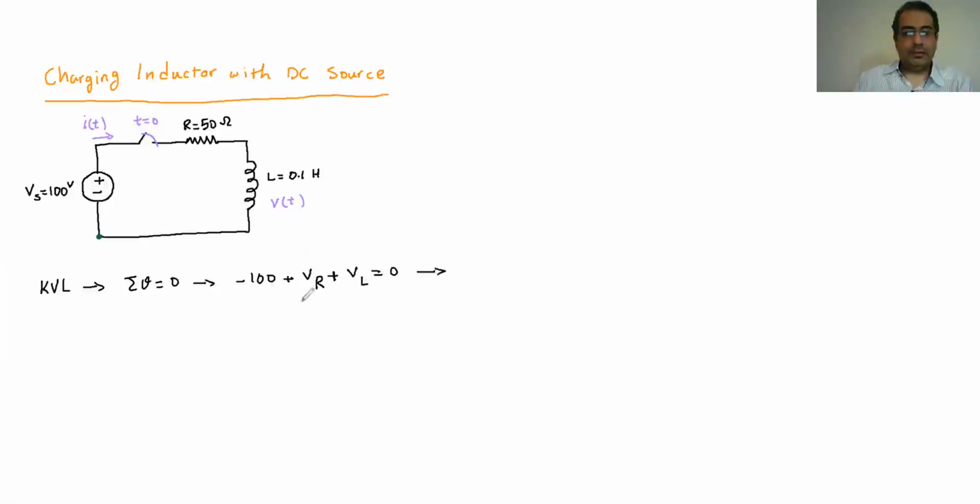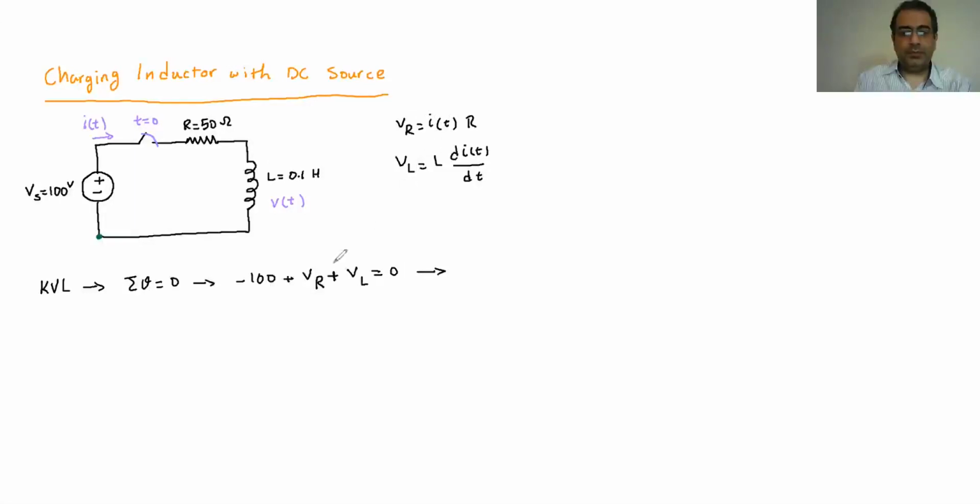Now, if I replace these two terms with their equivalents: for the resistance, VR is Ohm's law, so it's i(t) R, and we know the i here is time dependent. For the inductance, as we had previously, the voltage is L di/dt.